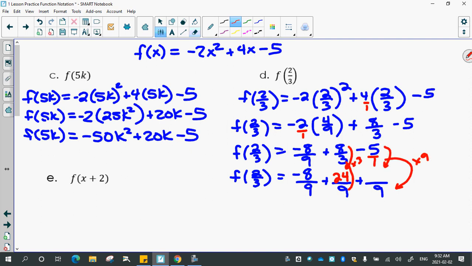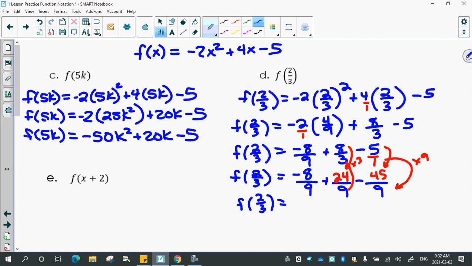And to get from 1 to 9, I had to times by 9. So same thing. 5 times 9 is, sorry, that should be a negative in the middle there. 45. We'll correct that. This is a minus here. Okay, so now I'm all in terms of ninths. So negative 8 ninths plus 24 ninths is 16 ninths, and then minus 45 ninths.